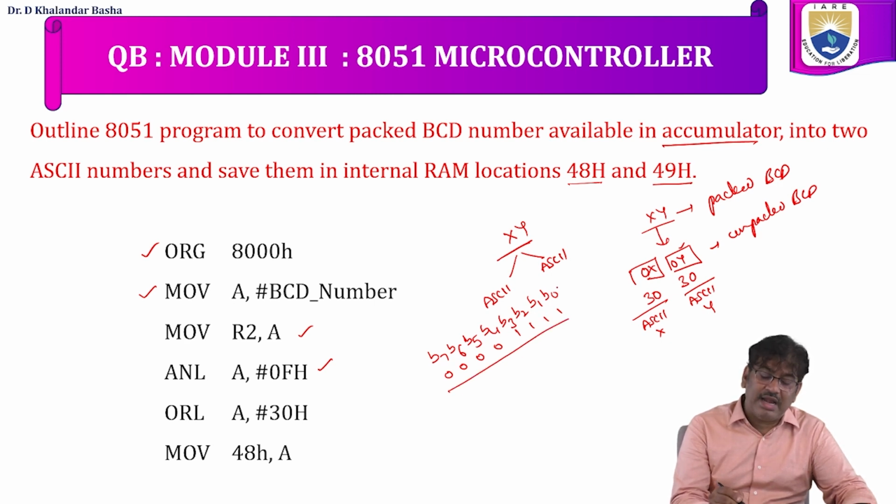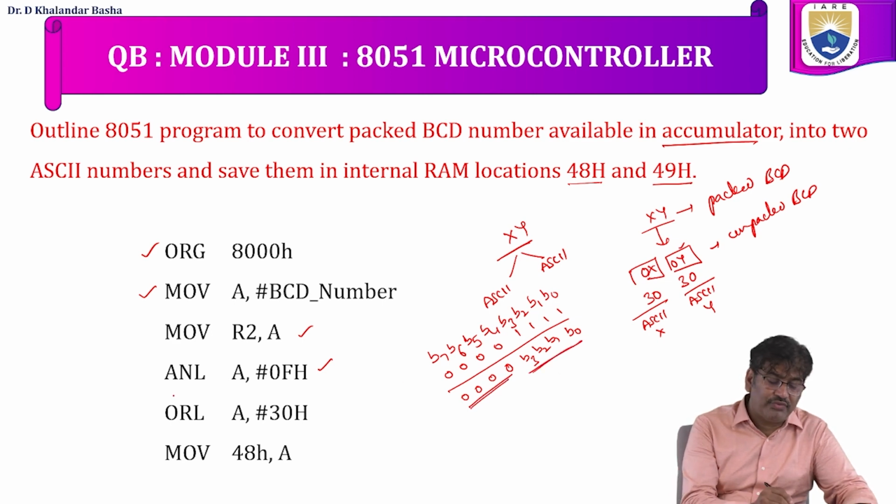Any bit ANDed with 1 will return the same data, so B3, B2, B1, B0 will be written as they are. Any bit ANDed with 0 is going to clear, so the upper 4 bits are cleared and the lower 4 bits are retained when you use the ANL instruction.